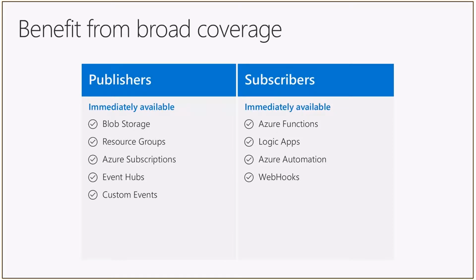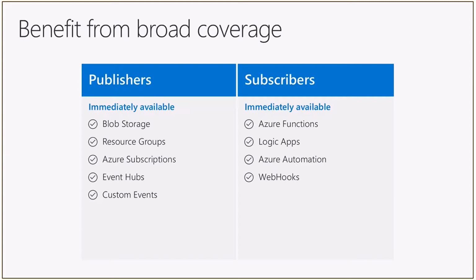So currently, publishers and subscribers that are available, Blob Storage has a caveat in that it's under a gated preview. The instructions on how to sign up for that will be available in the next day or two. But the other publisher types are immediately fully available.